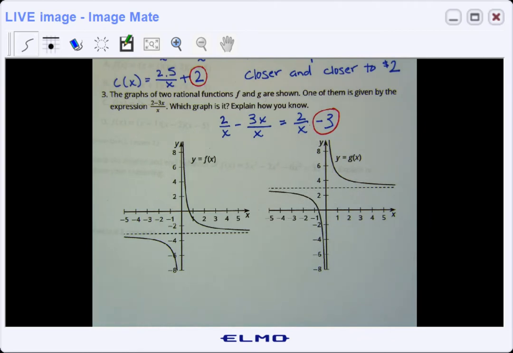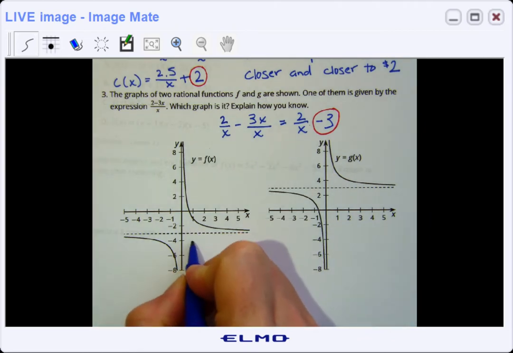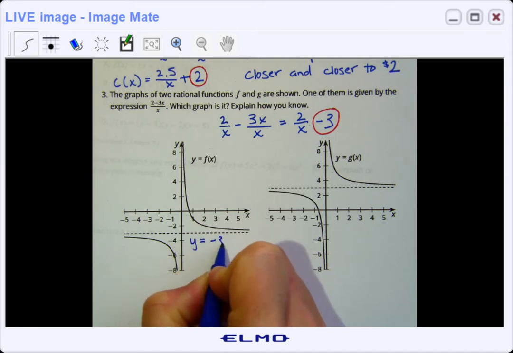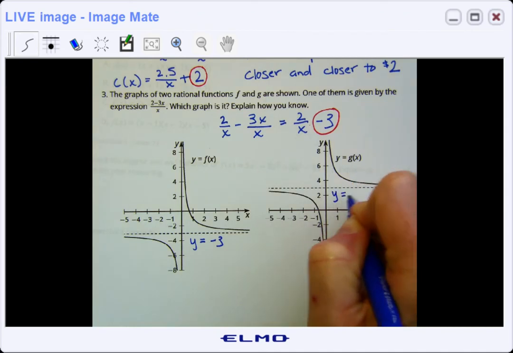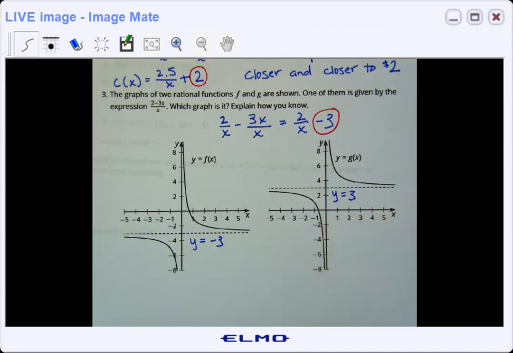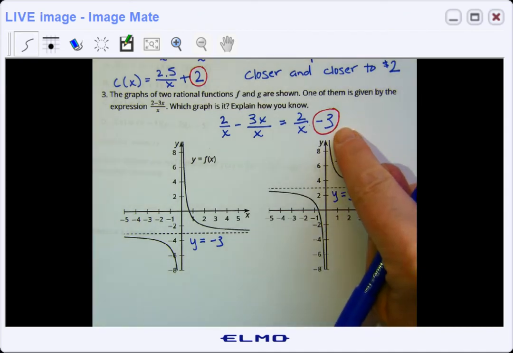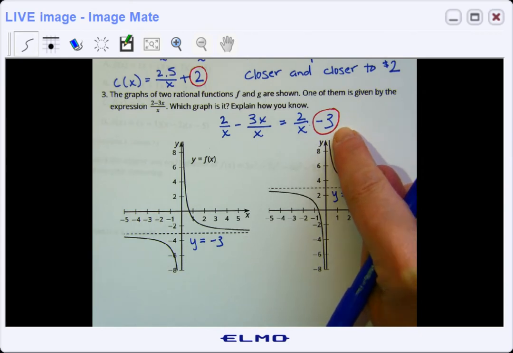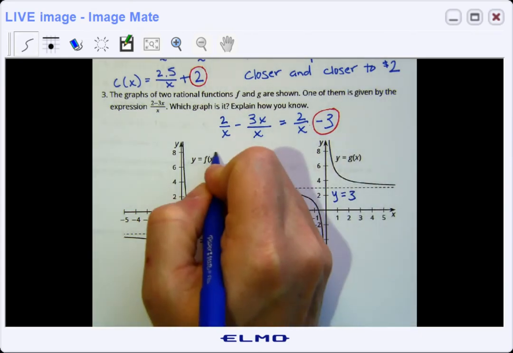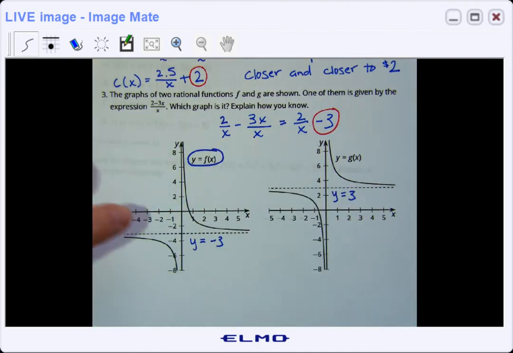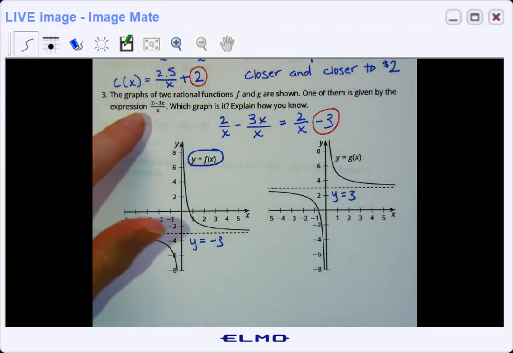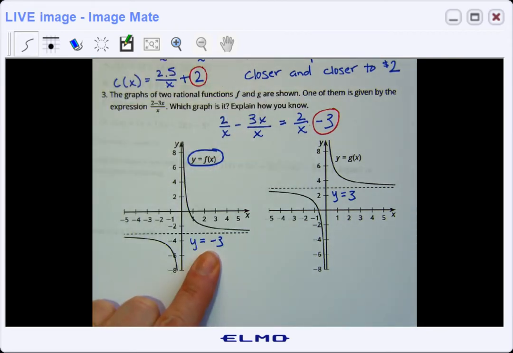So the first graph has a horizontal asymptote at y equals -3, and the second one has a horizontal asymptote at y equals +3. So since I can see from the equation, I need it to be the -3, then f of x is the correct answer. f of x has a graph with a horizontal asymptote at y equals -3.